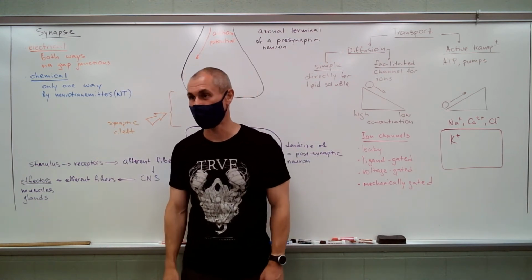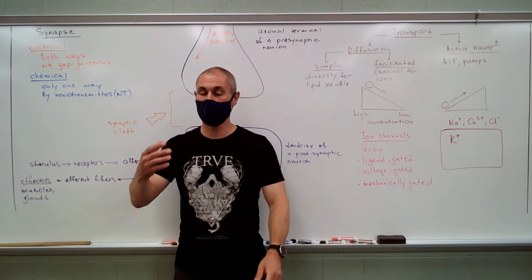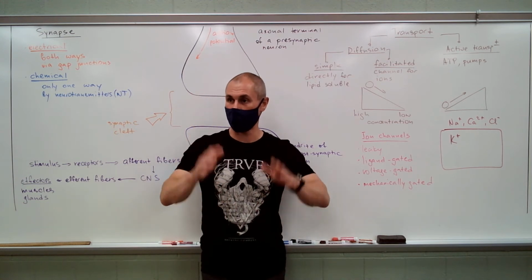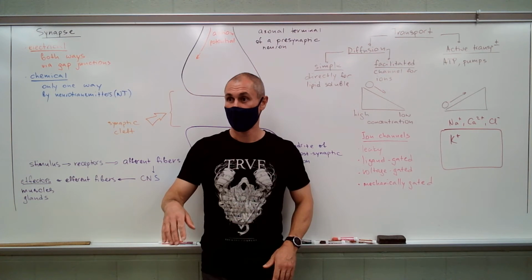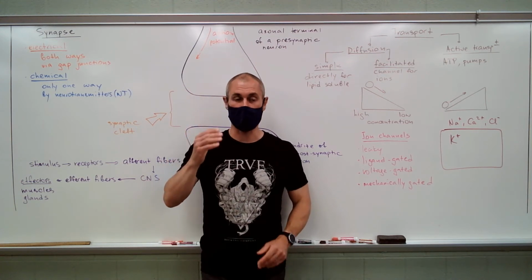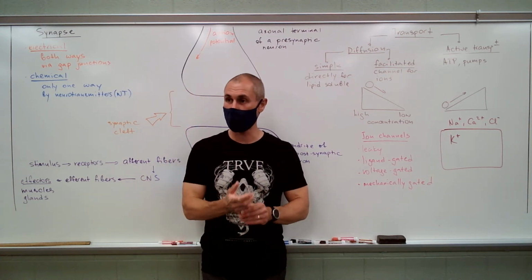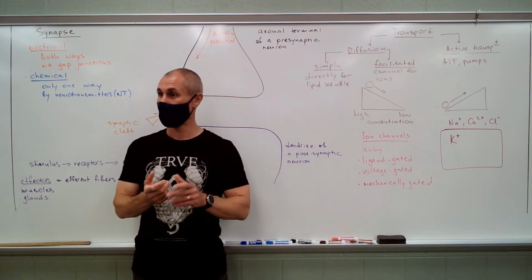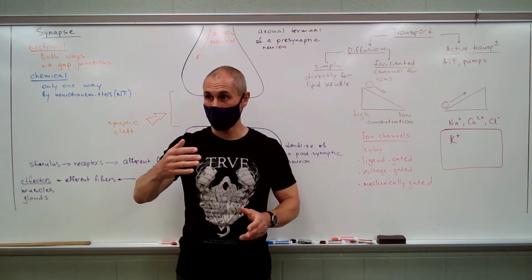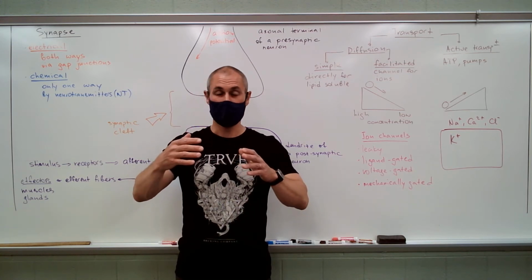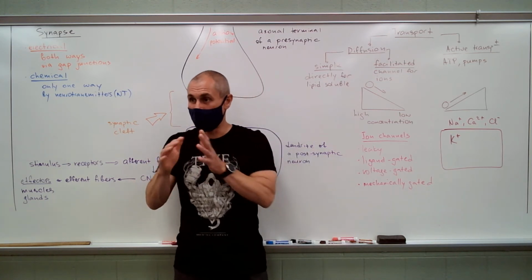This is your multiplication table of sorts. So when we talk about the nervous system, literally always, and the muscular system, you got to remember that concentrations of sodium, calcium, and chloride are higher in the extracellular fluid, outside of the cell.